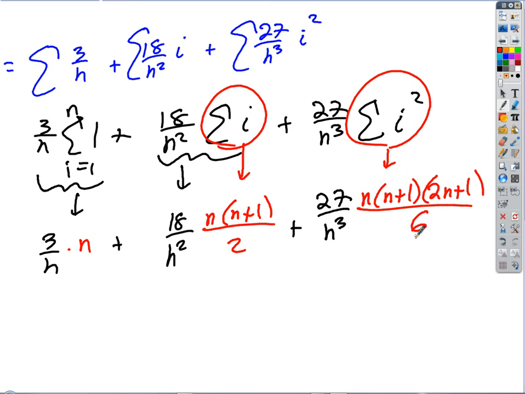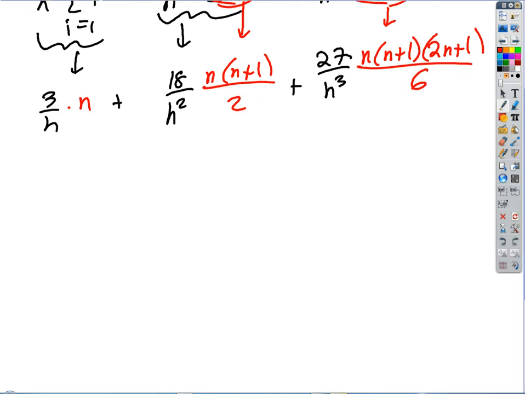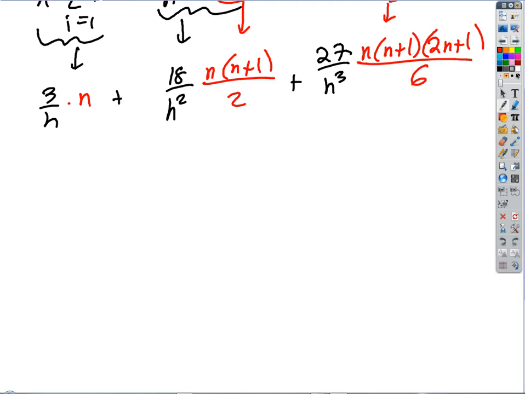So now we got an answer. We just have to do a little algebra and maybe make this thing look a little nicer. Well, this is good here. We can cancel those, right? And so our first term just looks like 3. Now what about the second one? We can do a little bit of cancellation. Why don't I cancel one of those n's with one of those, right? Then the 18 over 2, good, that becomes a 9.